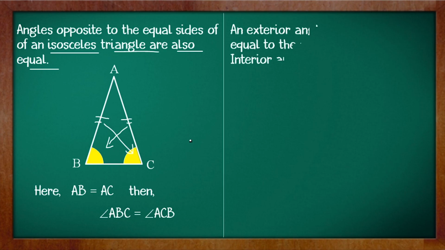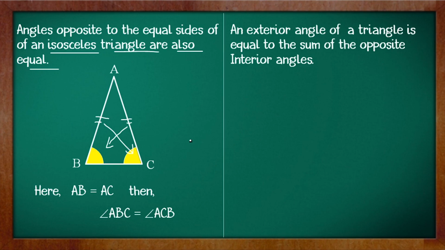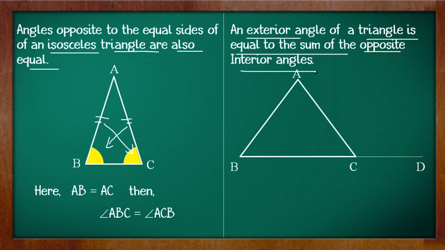The next result that we will be using to prove the theorem is that the exterior angle of a triangle is equal to the sum of the opposite interior angles. Suppose ABC is a triangle where BC is extended to the point D and we get an exterior angle here, that is angle ACD.